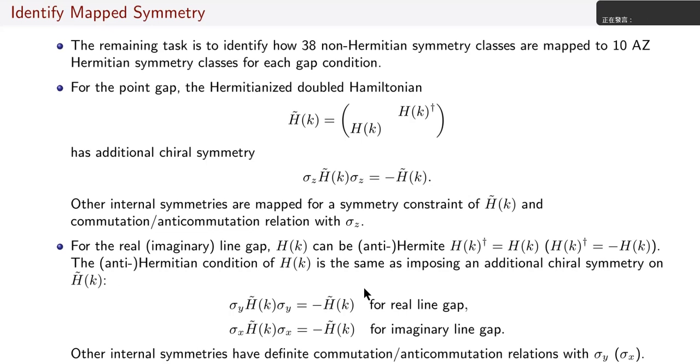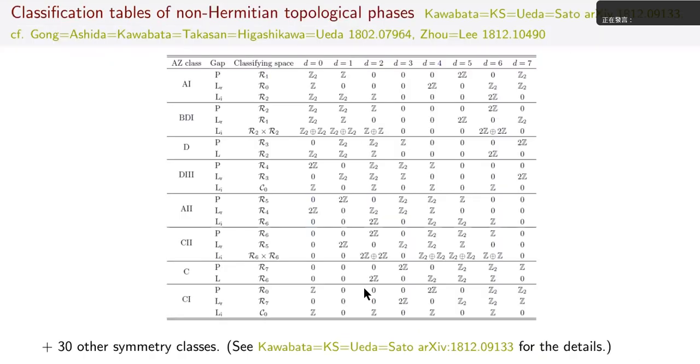So then, after identifying the map of the symmetry in the Hermitian system, we get this kind of symmetry classification table for non-Hermitian topological phases for each symmetry class.